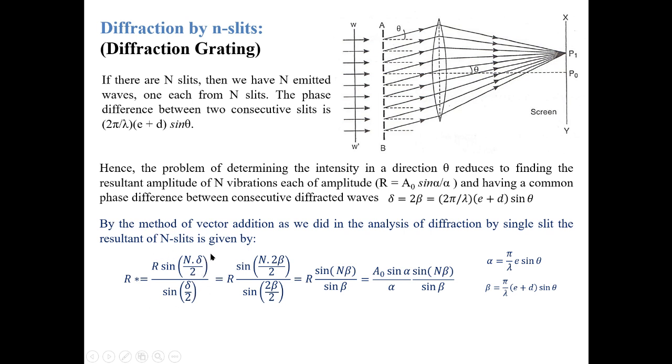So this whole can be reduced to R star equal to R sin N beta divided by sin beta. This R means A naught sin alpha upon alpha, where A naught is the amplitude incident on any single slit. So this will be the final expression for the resultant amplitude at the screen due to the grating.